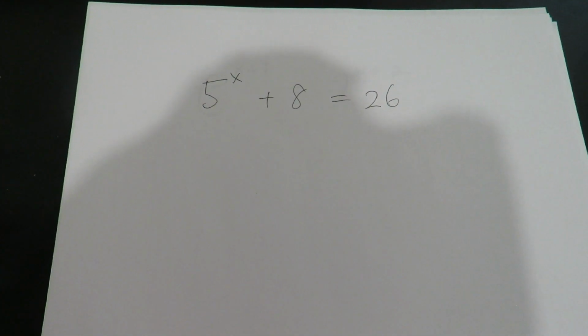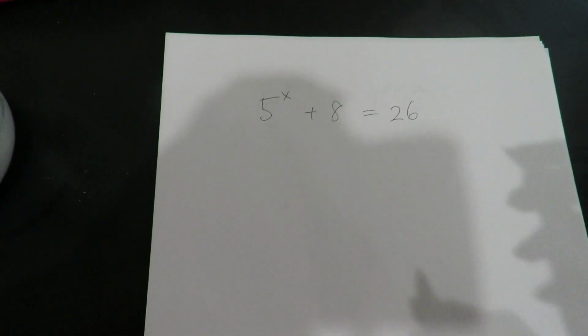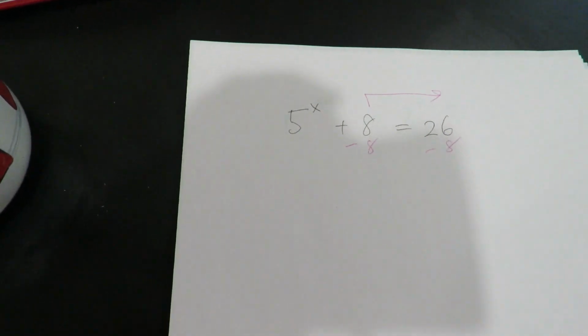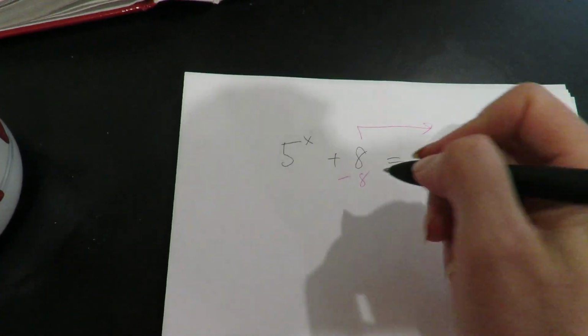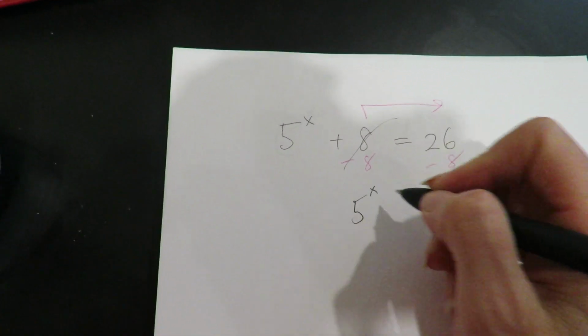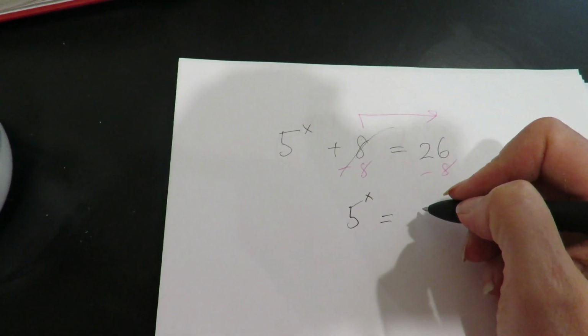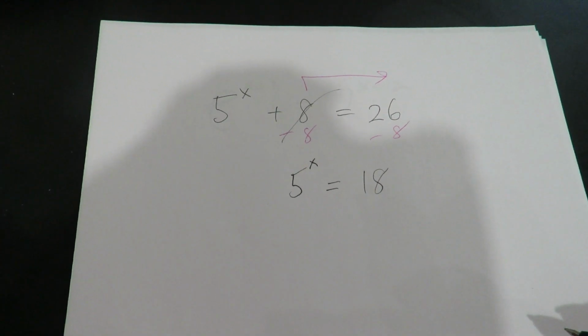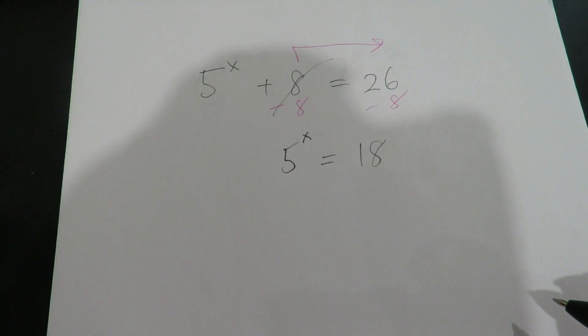Okay, let's try this one. So if you remember what I just did, I'm going to isolate first. Let's see, if we take away 8, that's going to be 18. Now, there's 2 ways to do this.